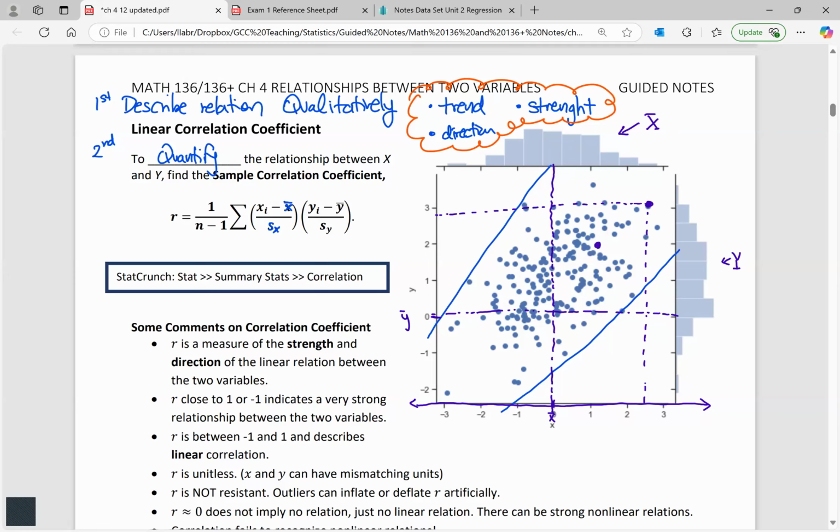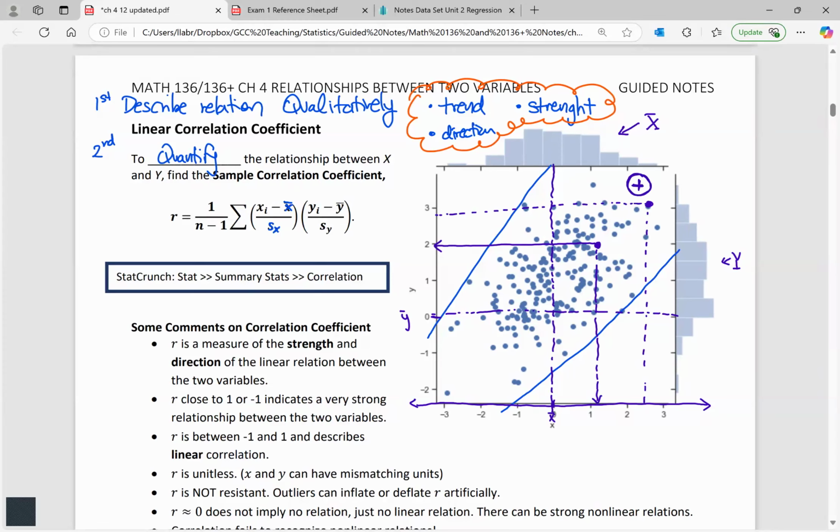For example, here's another one. Here's a high, in other words, above 0 data point, and that also corresponds to a positive z-score in the y variable. So positive z-scores in the x variable tend to be associated with positive z-scores in the y variable. That's a positive association.